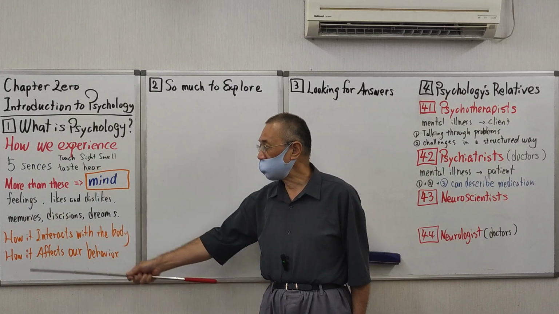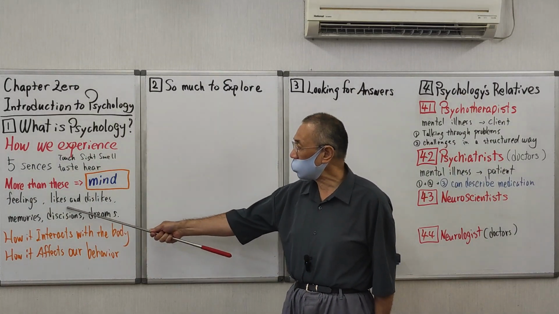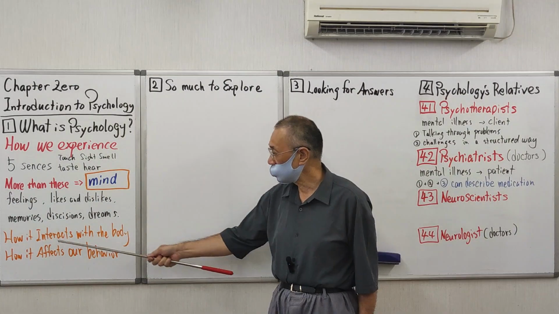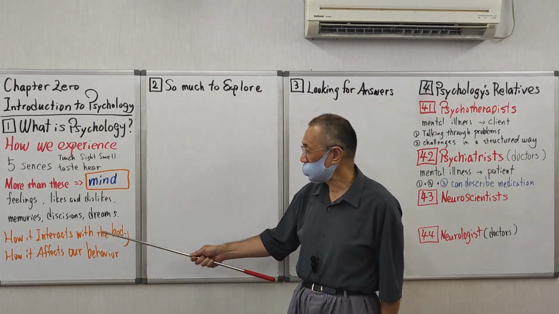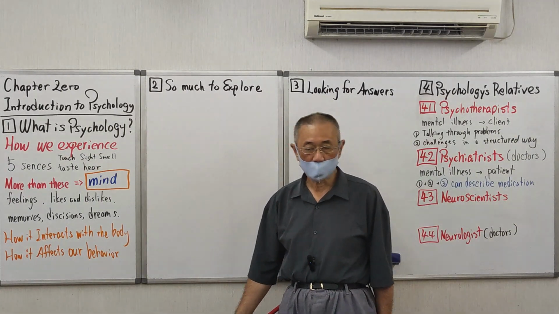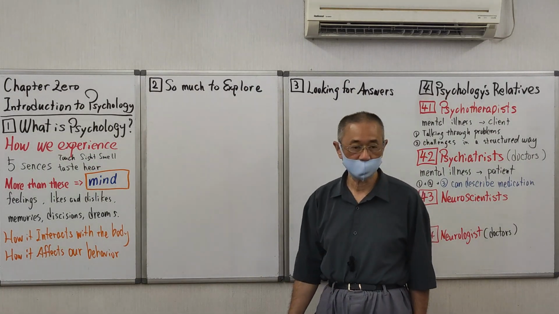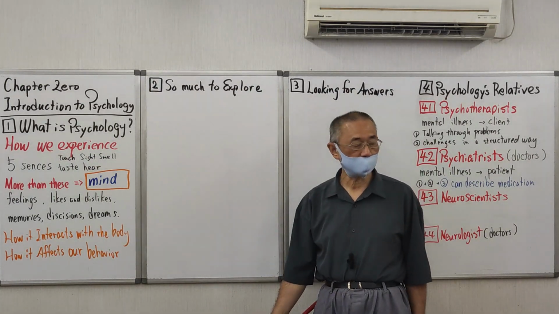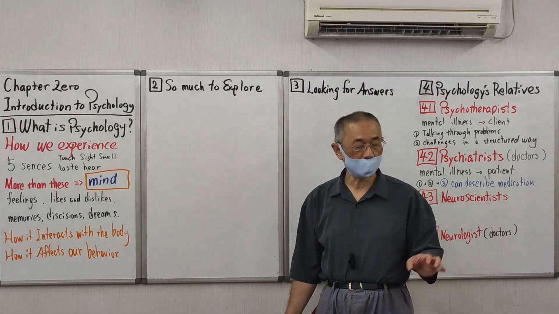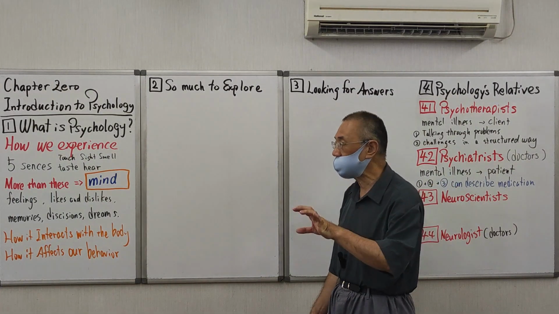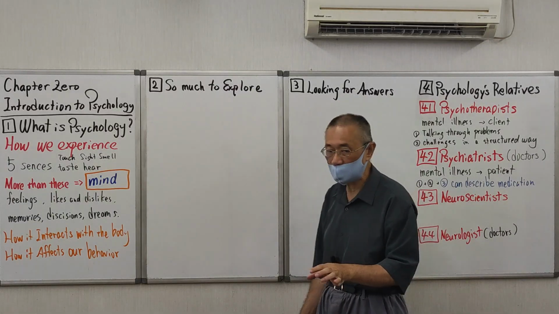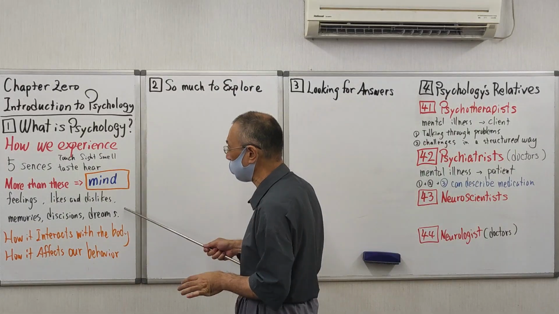That is feelings, likes and dislikes, memories, decisions, and dreams. All of them are mind, including dreams. When you dream at night in bed, that is another mind you have unconsciously.